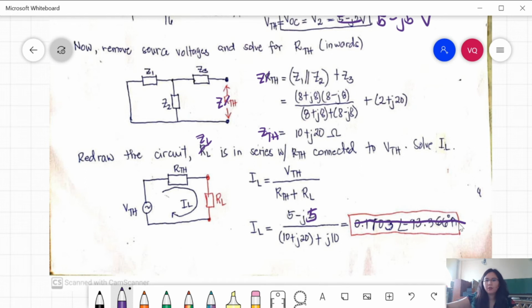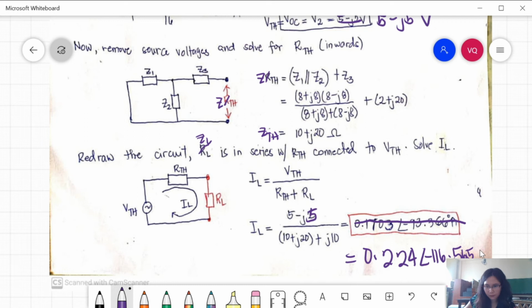So IL will be 0.224 angle negative 116.565 amperes.